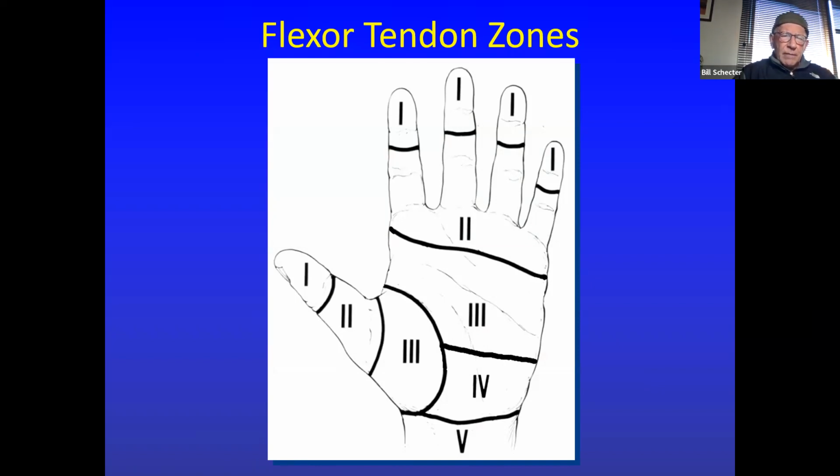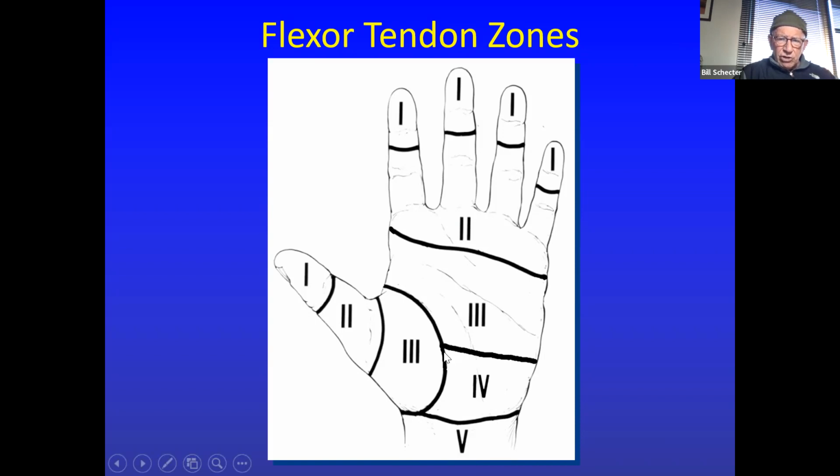So when thinking about tendon injuries, flexor tendon injuries, which occur on the volar surface of the hand, we divide the area of the hand into 5 regions. We have zone 5, which is proximal to the carpal tunnel, which is basically in the forearm. Zone 4 is under the transverse carpal ligament.